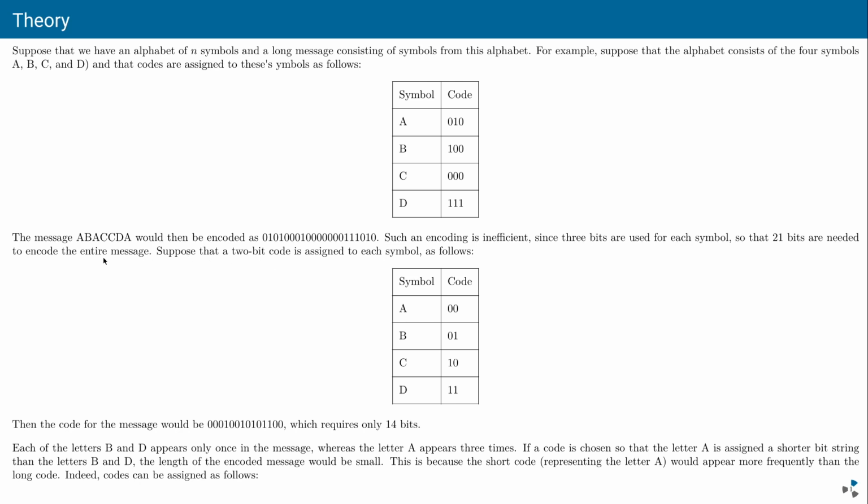The logic to do better comes from the fact that in this string, A has come 3 times, C has come twice, B and D have come once. So if we take a smaller bit length for A, that is the high frequency items, and a larger sequence for less frequent symbols, then probably we can do it better.